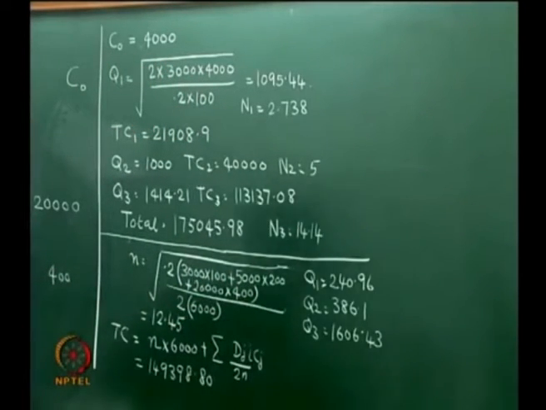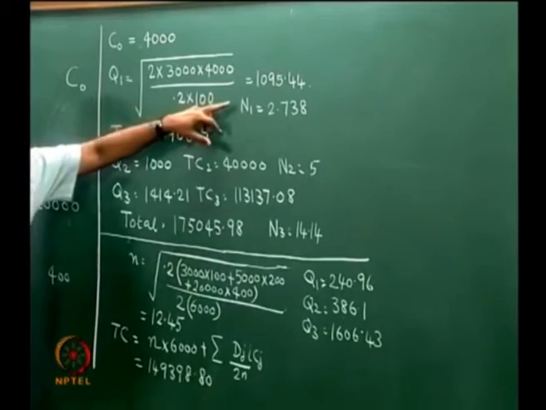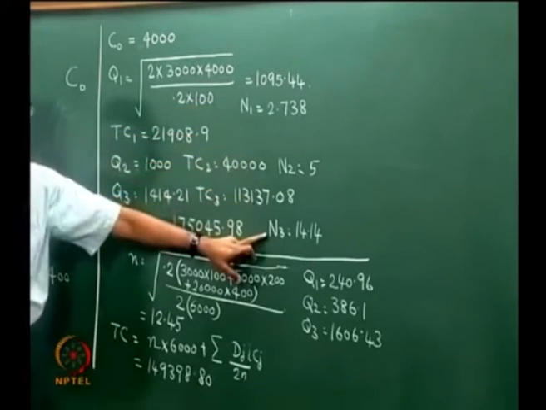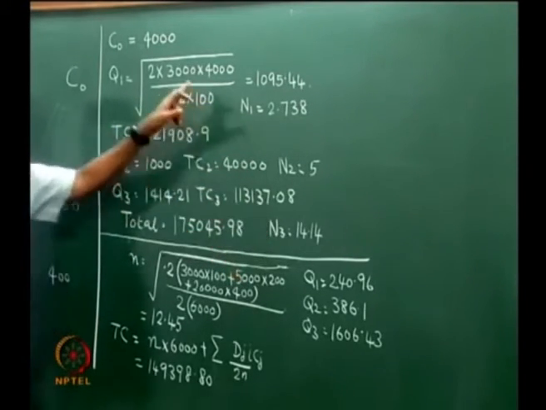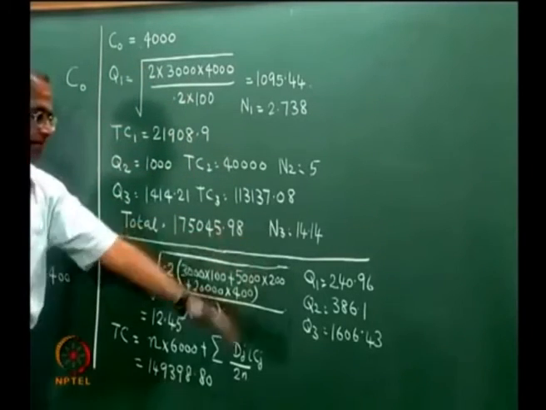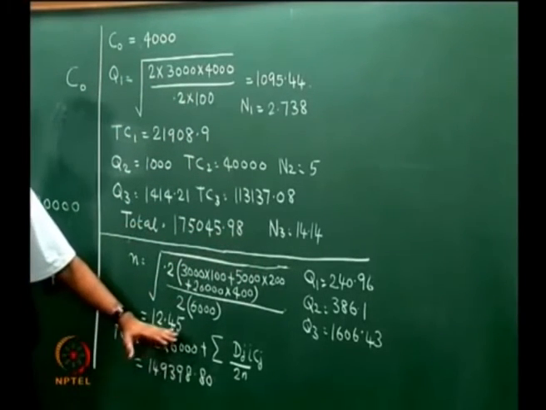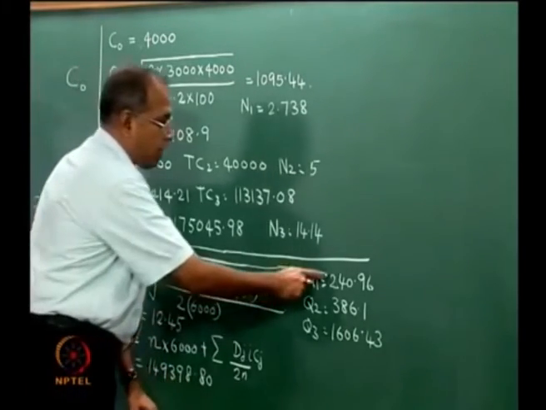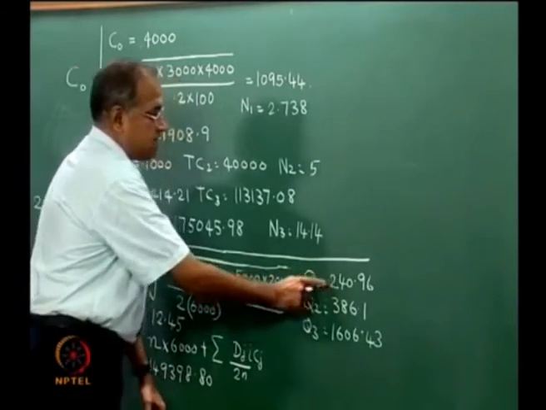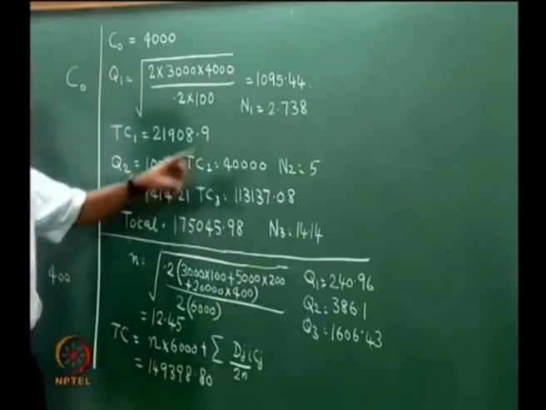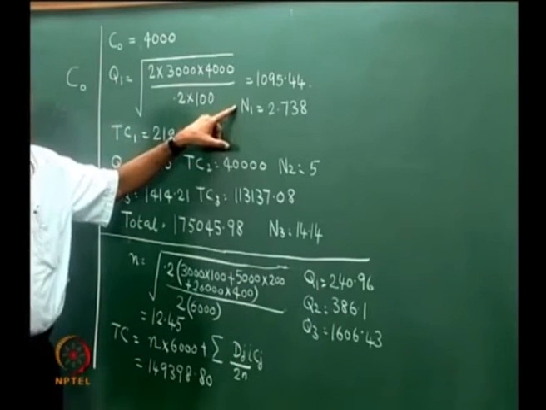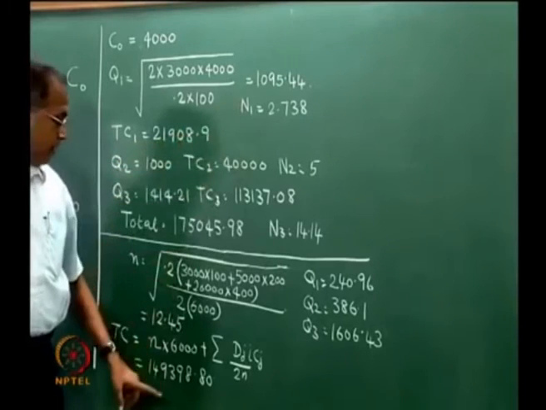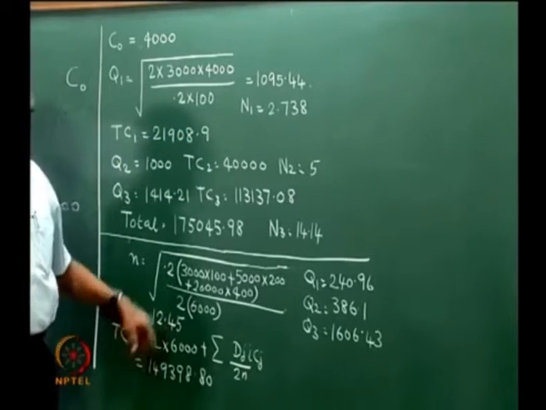So, when we did not have this constraint, the number of orders was 2, 5 and 14, very large difference. When we combined, all of them now came to 12.45 orders. So, we actually end up making more orders for these two items, considerably more orders, because 2.738 when we did not do this, 12.45 when we did this.